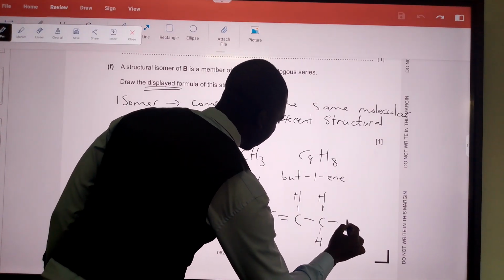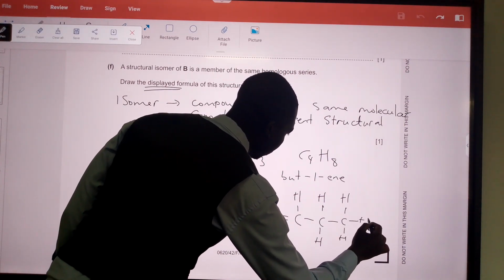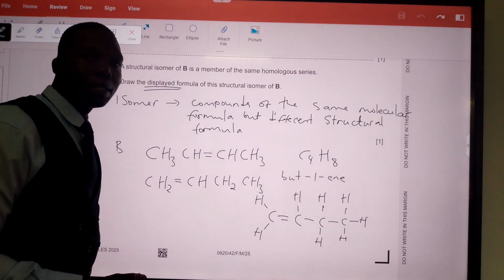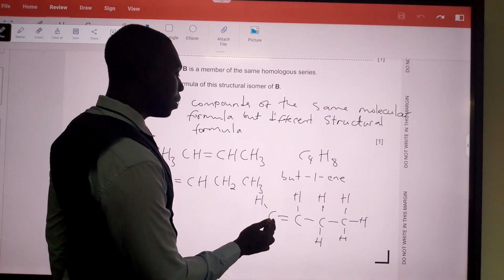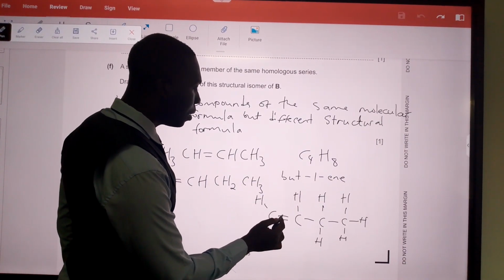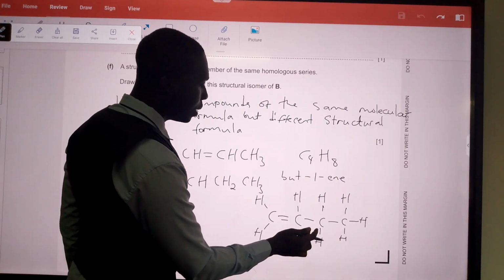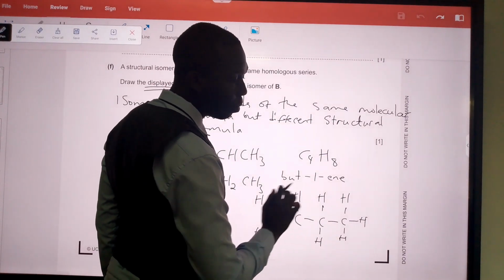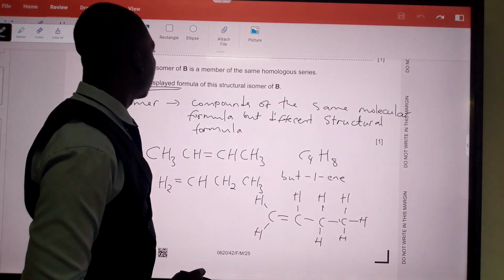The last one has 3 hydrogens. So take note that the maximum bonds around each carbon atom is 4. So this carbon atom has 1, 2, 3, 4 bonds. This one, 1, 2, 3, 4 bonds. This one, 1, 2, 3, 4 bonds. And this one, 1, 2, 3, 4 bonds.